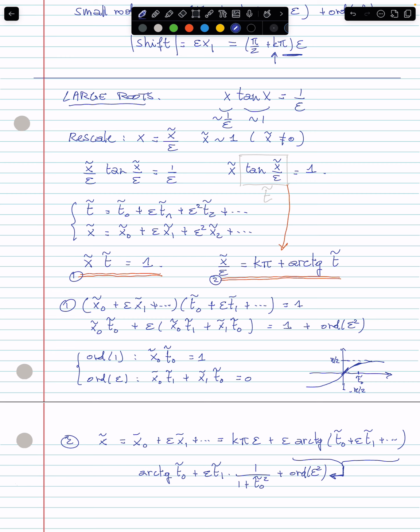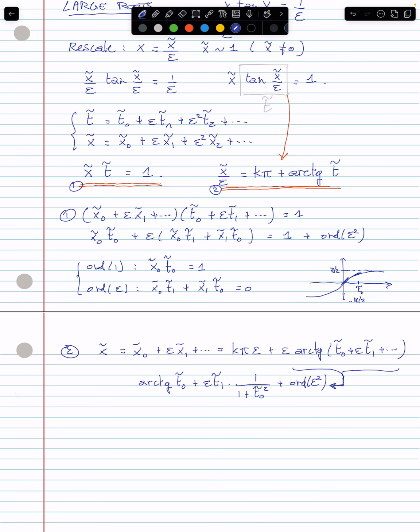All right, so let's just try to summarize this. We have on the left x0 plus epsilon x1. Then on the right, we have k pi epsilon plus epsilon times the arctangent.